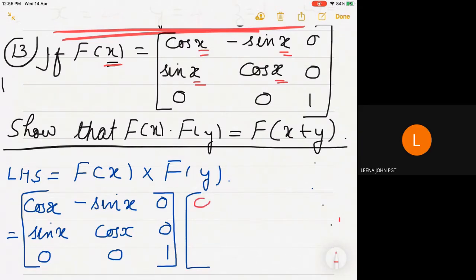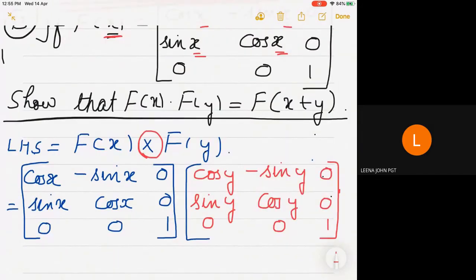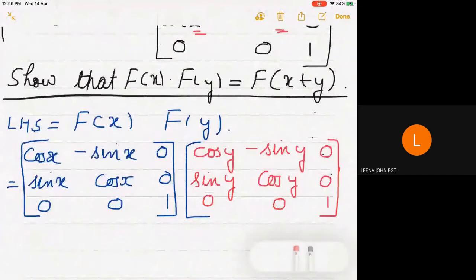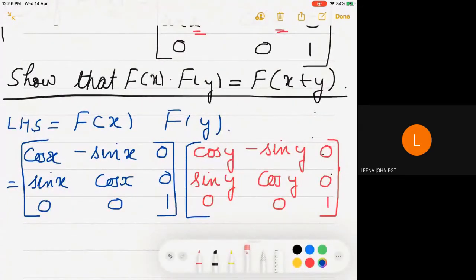So we will have cos y minus multiplication. Actually, that into should not be written there. There is no symbol which we use for matrix multiplication. When two matrices are written like this without any operation, there is a hidden operation, that is, it is understood that it is a matrix multiplication.